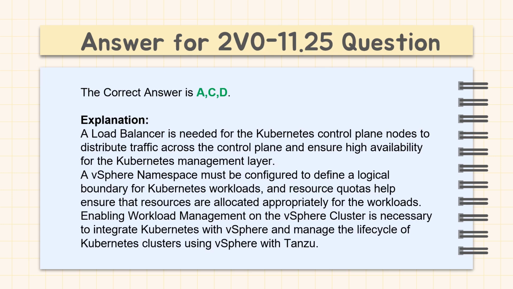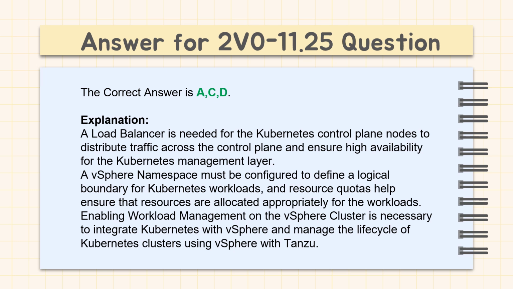The correct answer is A, C, D. A load balancer is needed for the Kubernetes control plane nodes to distribute traffic across the control plane and ensure high availability for the Kubernetes management layer.